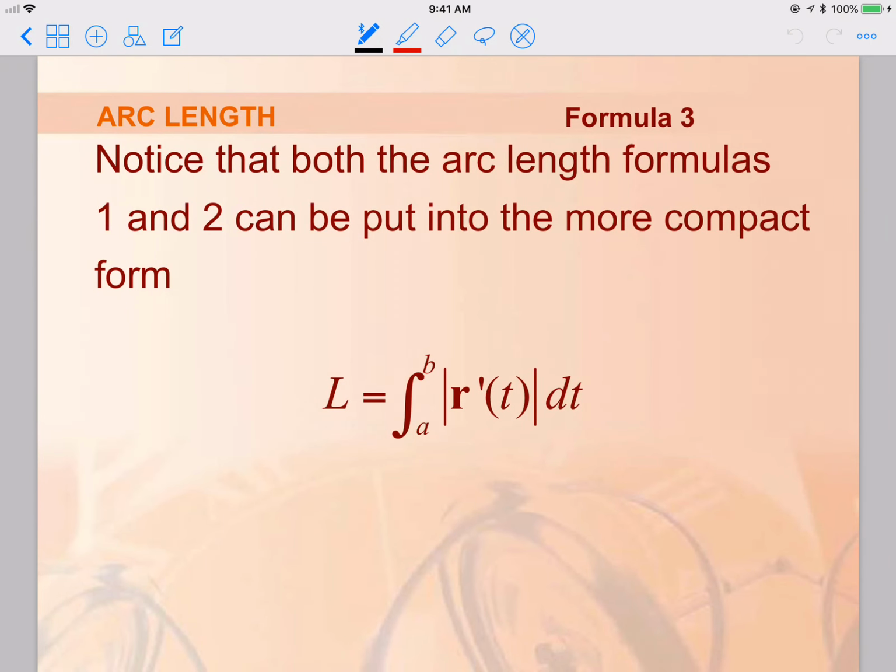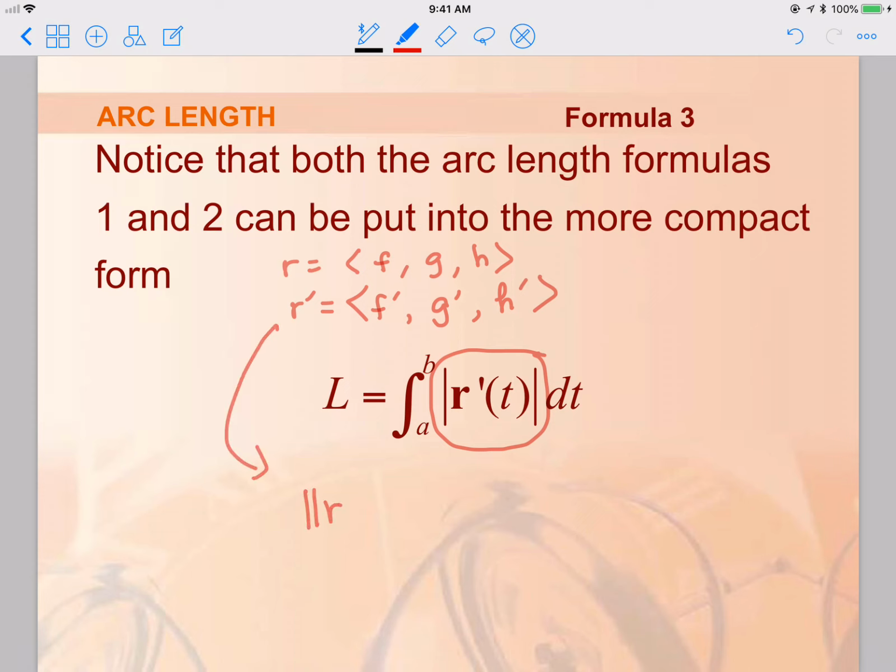And another way to write this is to write the magnitude of your derivative vector, because remember, if r is f, g, and h, then r prime is going to be f prime, g prime, h prime, right?